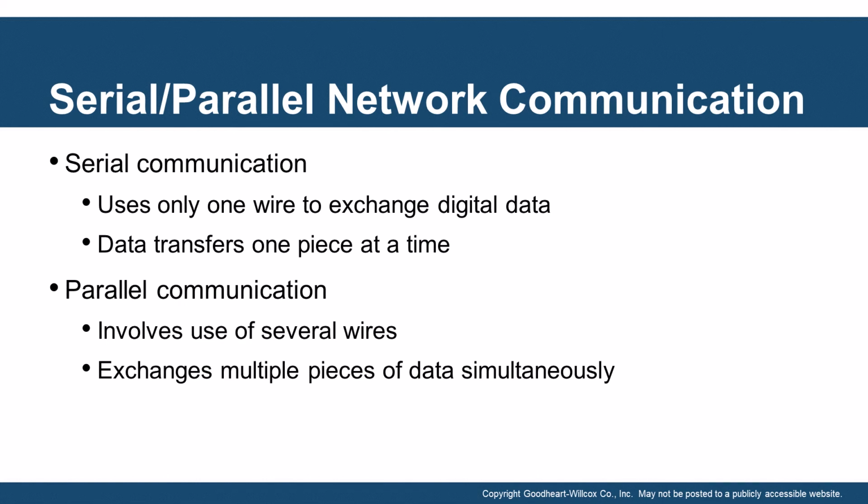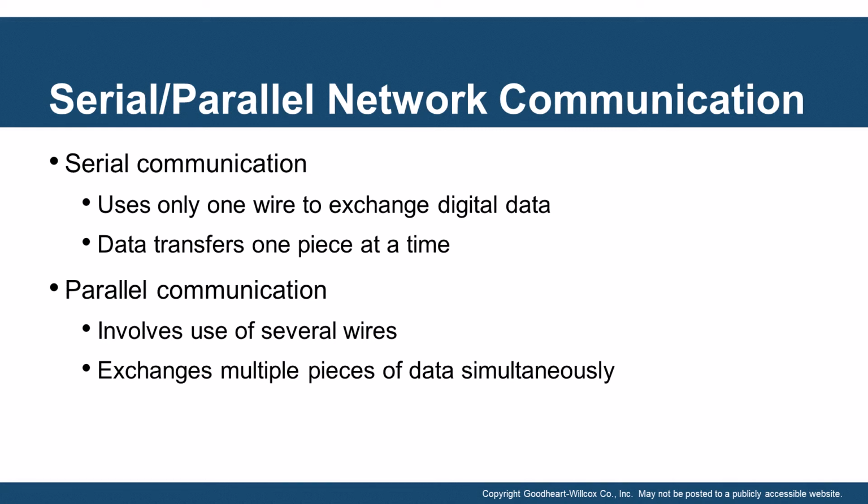When we're dealing with networks, you're going to hear about a couple of different styles. One's called serial and the other's called parallel. Serial communication uses only one wire to exchange digital data, and the data transfers one piece at a time. Basically, it has to let the highway open up to send the message back and forth.